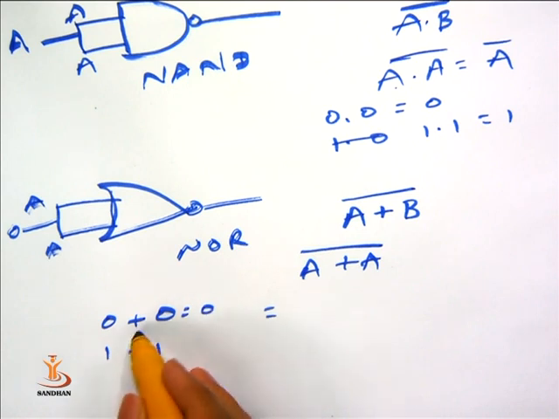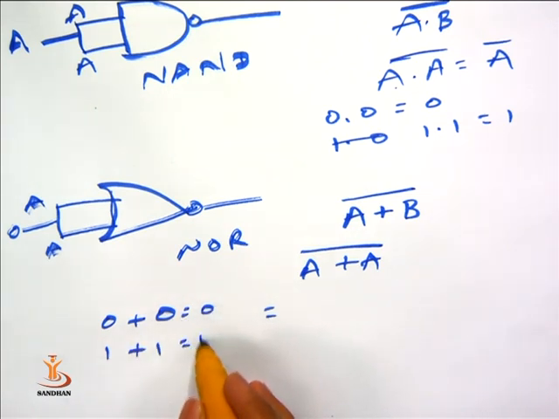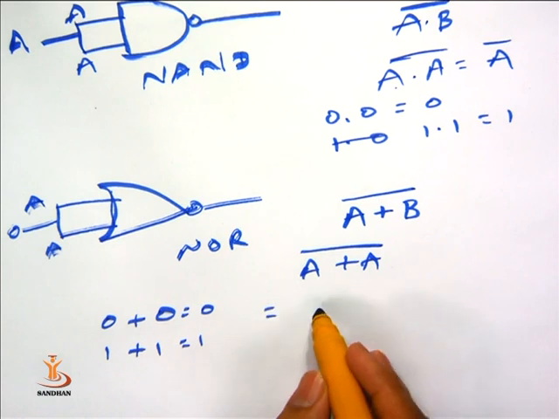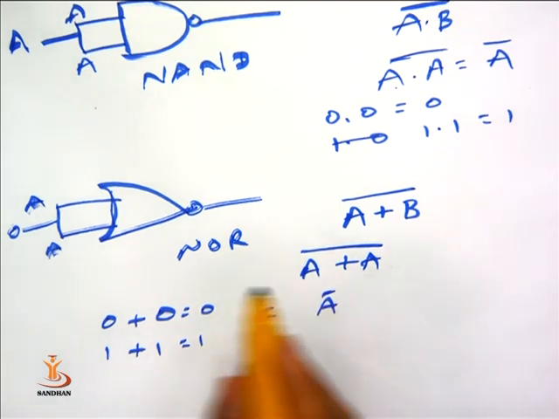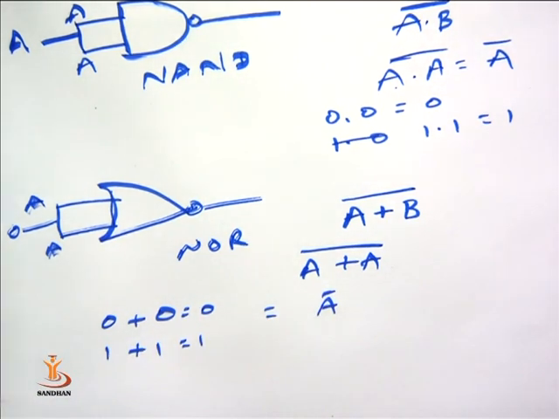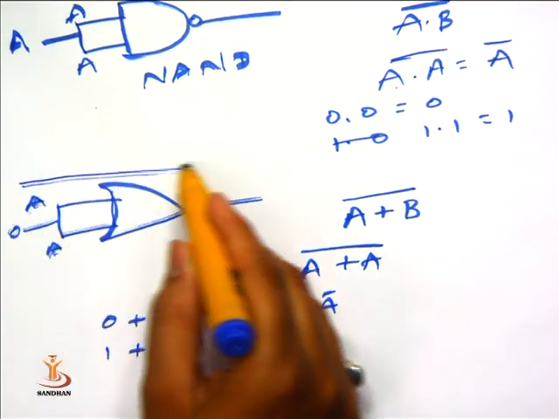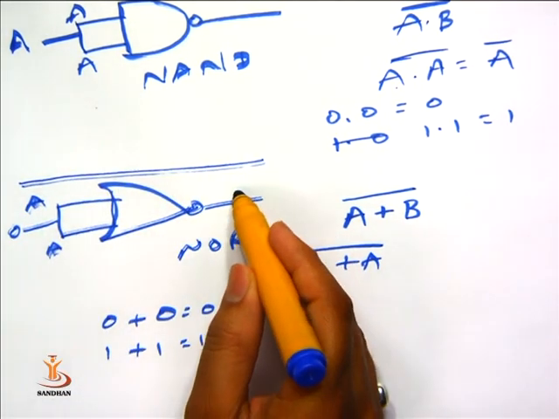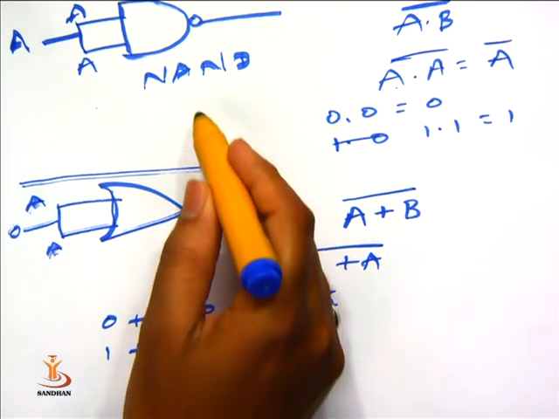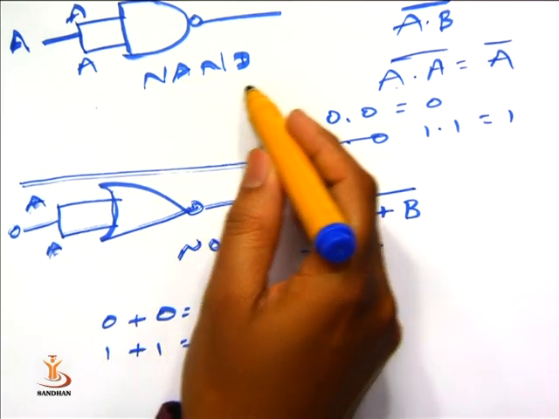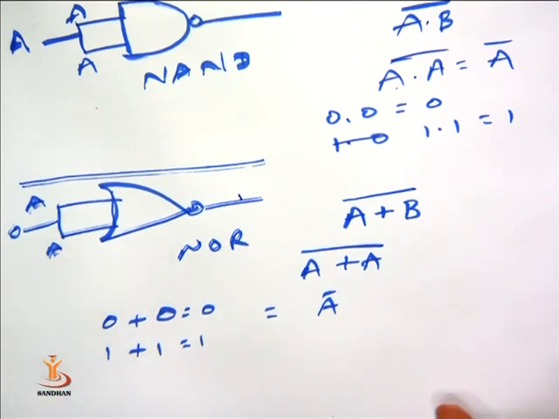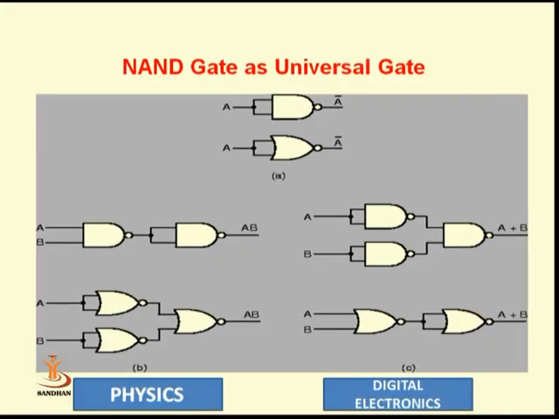So output is 0 plus 0, that is 0, 1 plus 1, that is also 1. So output is A bar. In short, this shows NOR gate as a NOT gate. This shows NAND gate as a NOT gate. So in this way we are able to construct NOT gate, AND gate, OR gate from NAND gate.